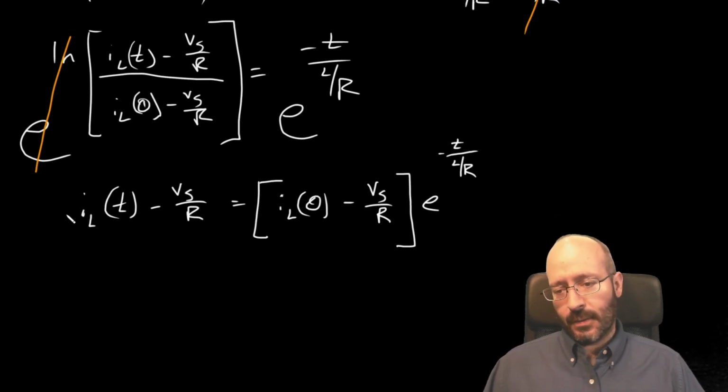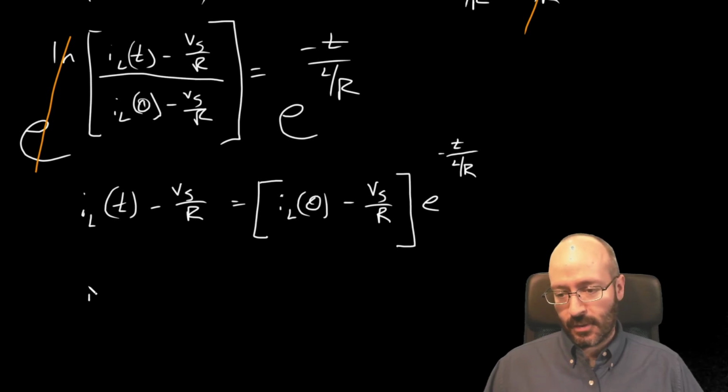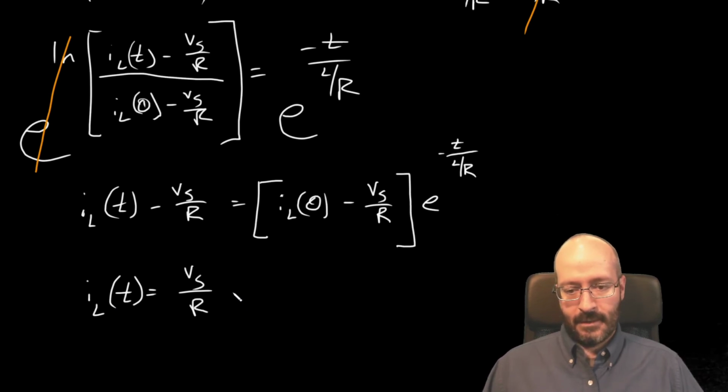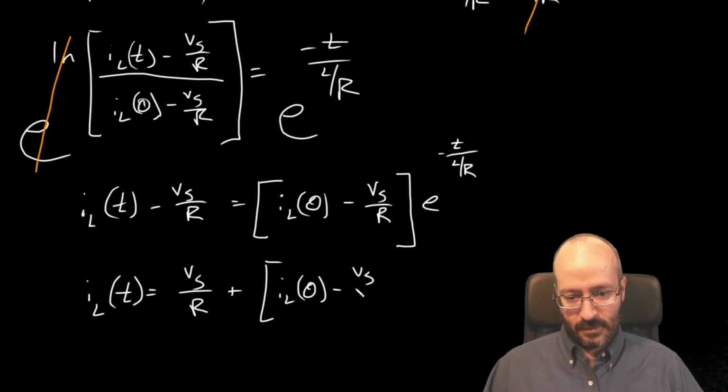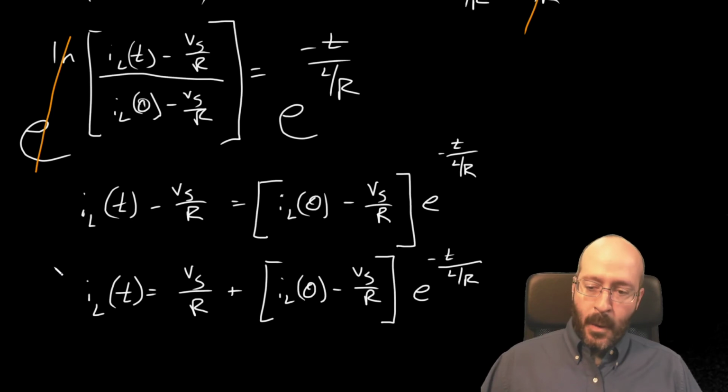All we've got to do, we want this term by itself. We just have to add this one to both sides. So we're there, okay? Last step, here it is: Vs over R plus I_L of 0 minus Vs over R, e to the negative t over L over R. Whew.